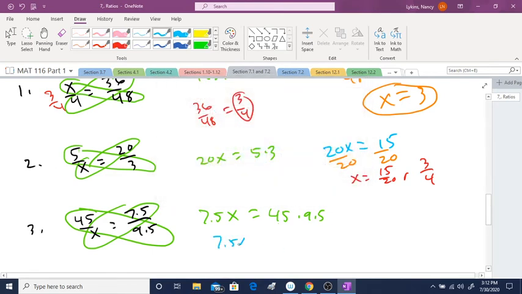This gives me 7.5x equals, if you do 45 times 9.5, you should get 427.5. Then you divide by 7.5. You get 57.